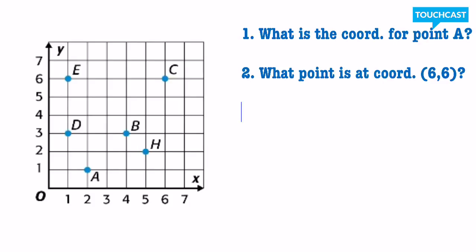Friends, we are now looking at another coordinate grid with a different set of plotted points. You'll be stopped in a second by Edpuzzle to answer the following questions. What is the coordinate for point A? Find point A on the coordinate grid and tell me what the actual x, y coordinates are. My second question is, what point is at coordinate 6, 6?